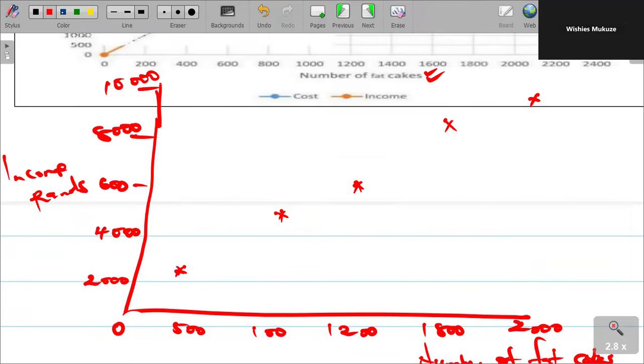So my graph, I'm going to draw it there, just joining these points.